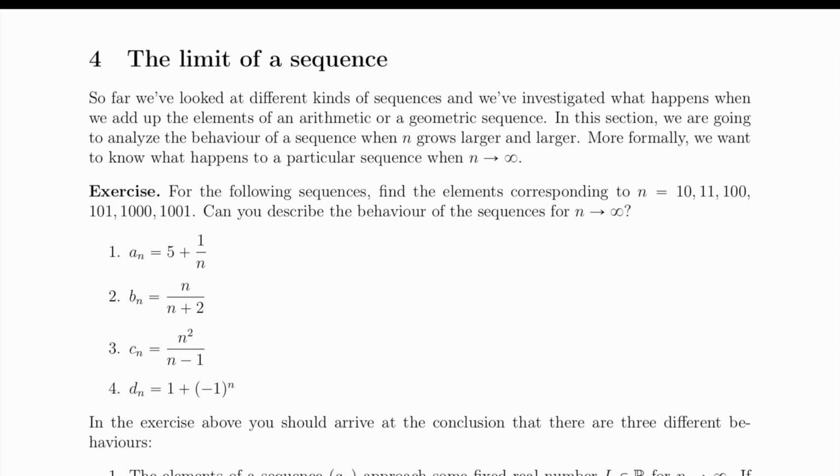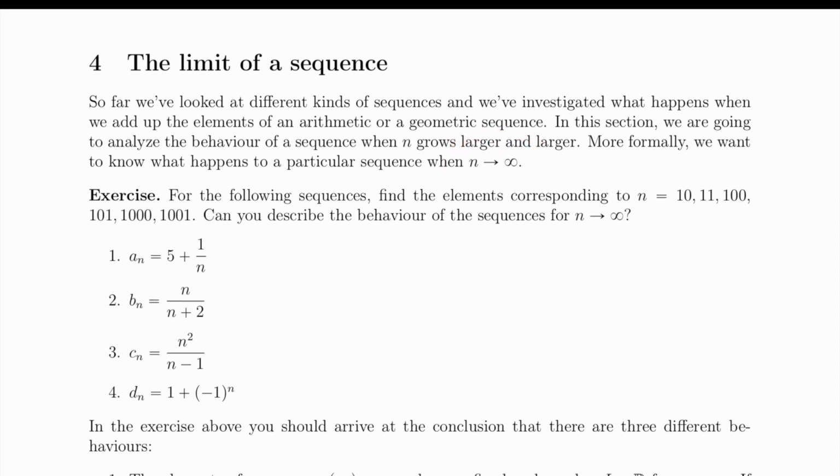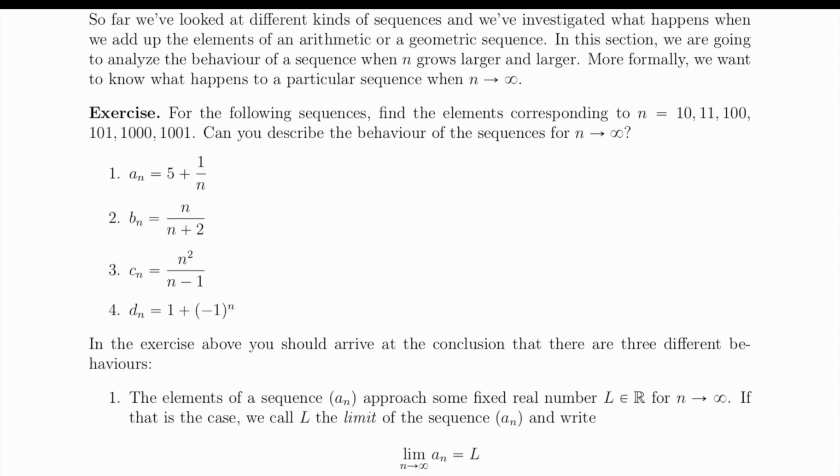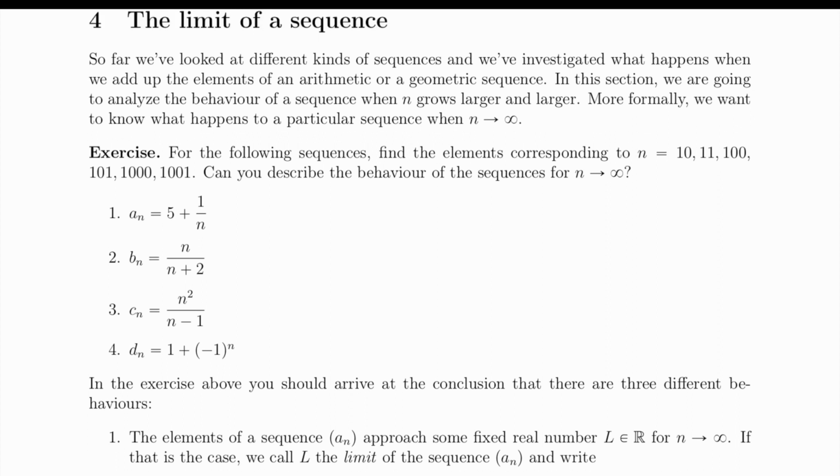Okay, and then what we did next was to now actually address what if we just keep going with our sequence, as in what happens if we let n tend towards infinity. And here first we looked at different values for n, or rising values for n, and saw what different sequences did in that exercise.